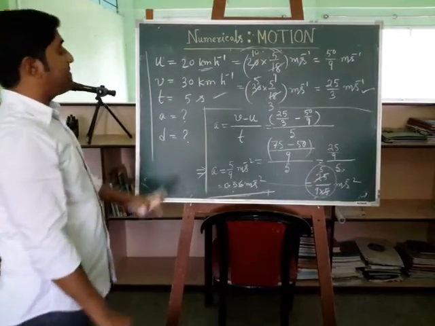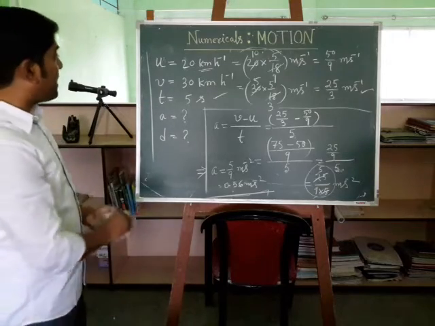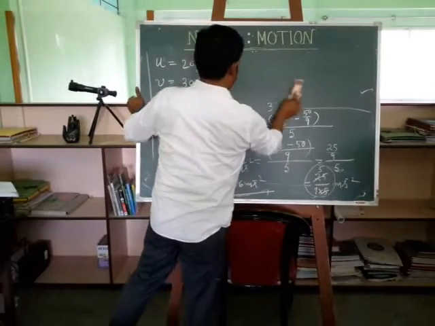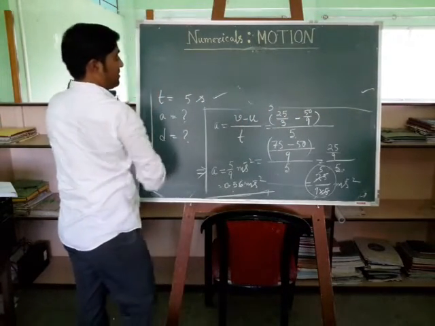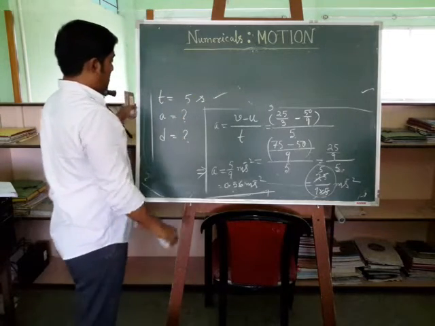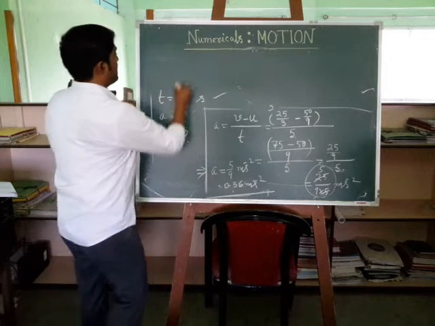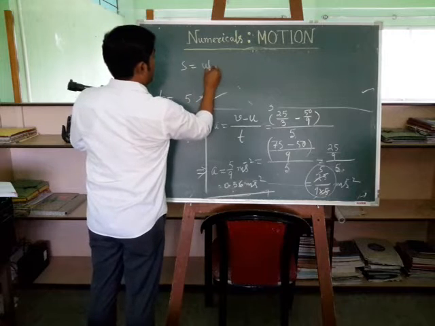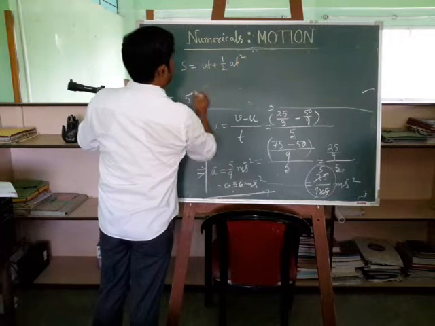That is the acceleration. What is the distance? To find out the distance, okay, first of all let me rub this part. We need some space. Okay, distance. We can apply our second equation of motion. Distance S will be ut plus half at square.